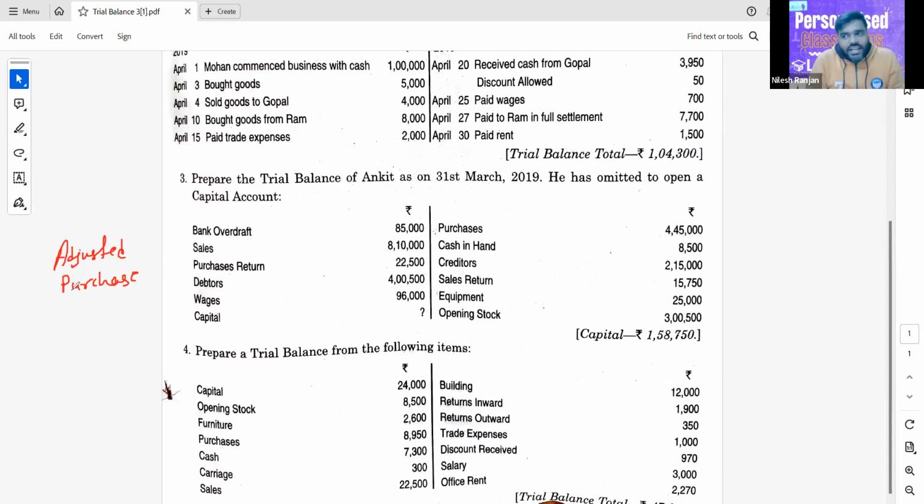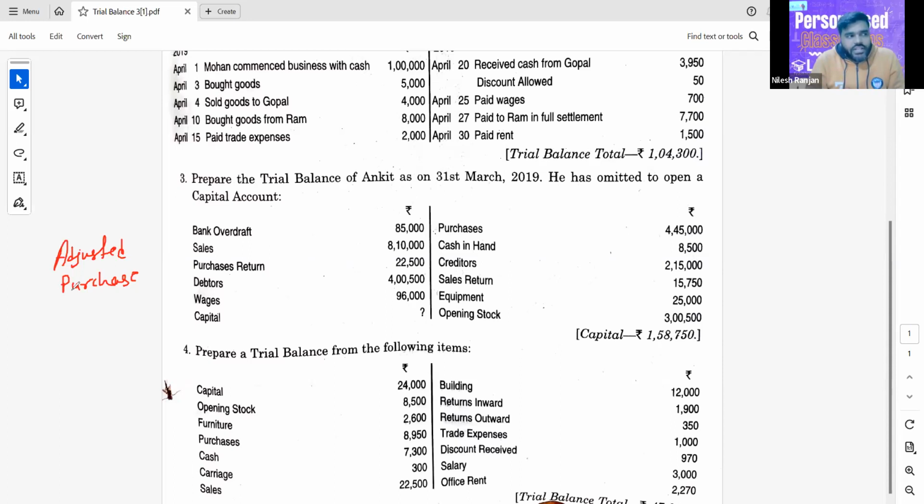No, actually, in one of the previous classes on trial balance, I told you about adjusted purchase. There is a note related to adjusted purchase or cost of goods sold. Is it related to opening stock and closing stock? Yes, but not complete. Your answer is not yet complete.